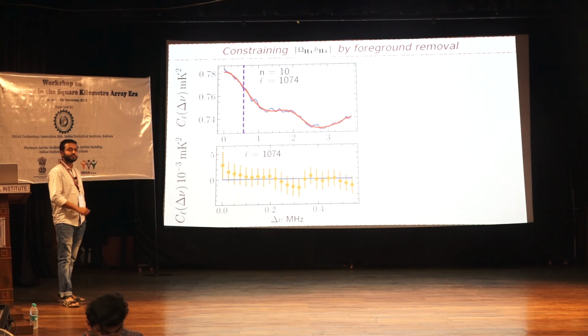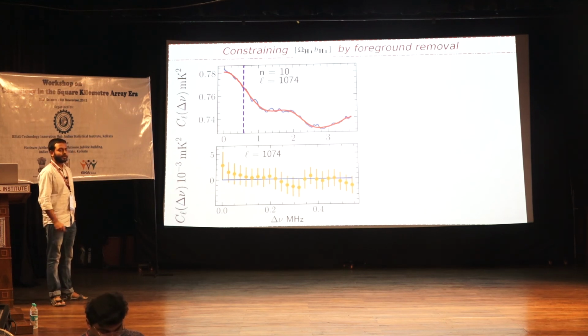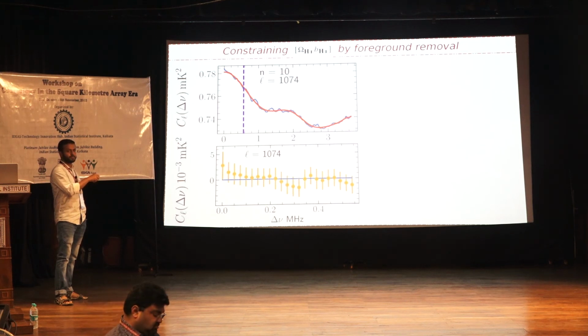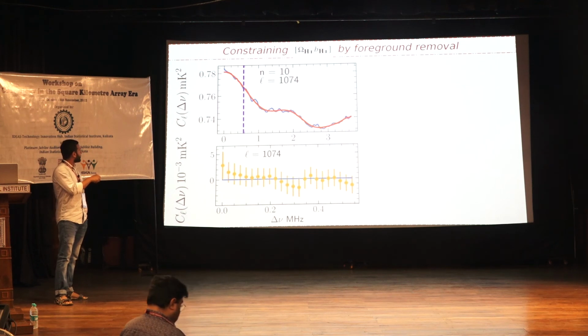The extrapolation is done with a polynomial, which has 10 terms, where we have only considered the even terms because the C_l delta nu is symmetric. We have the best fitted values for those polynomials, and we use them to extrapolate into this region.